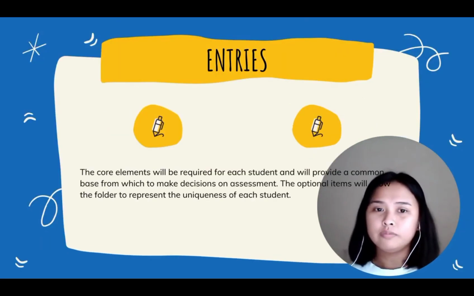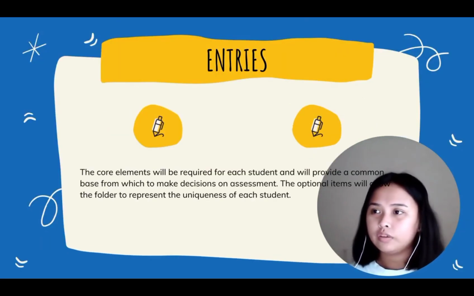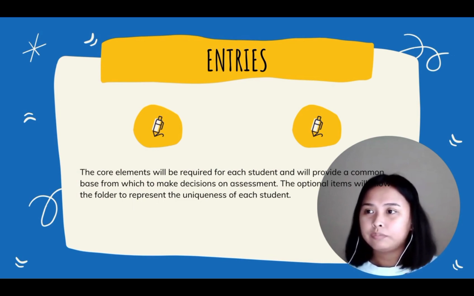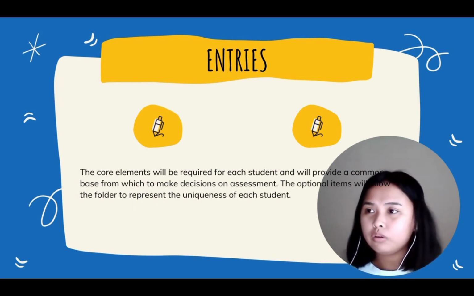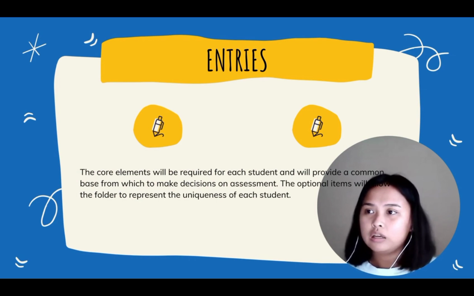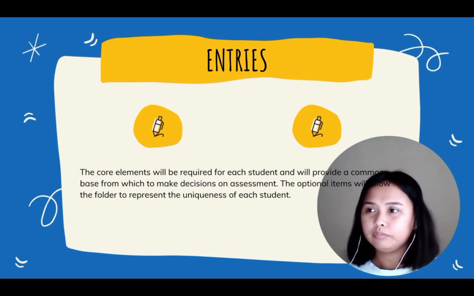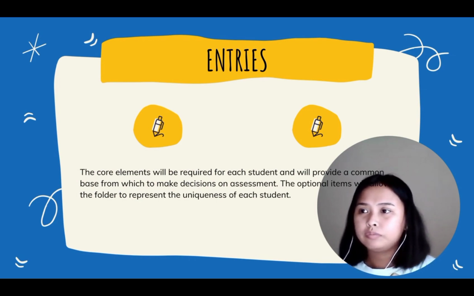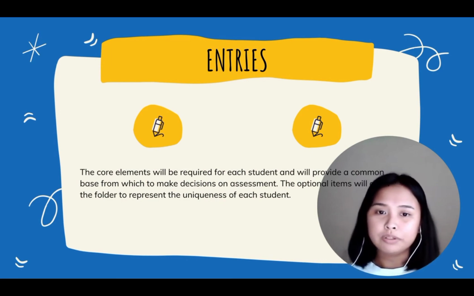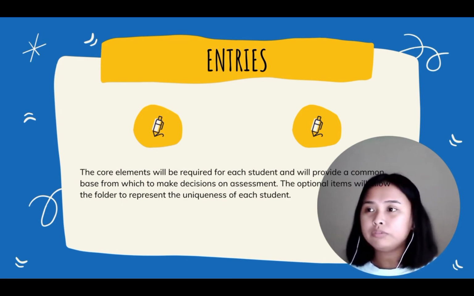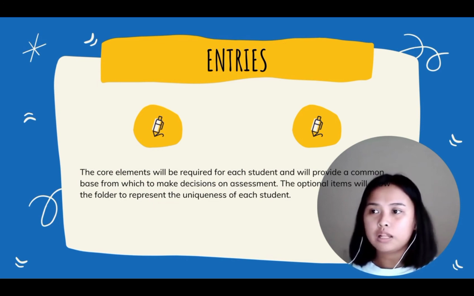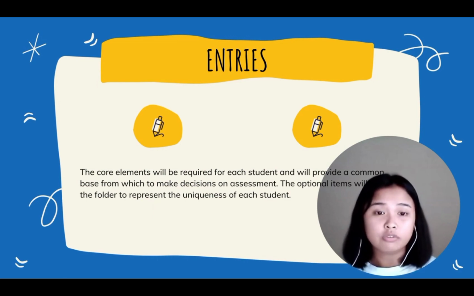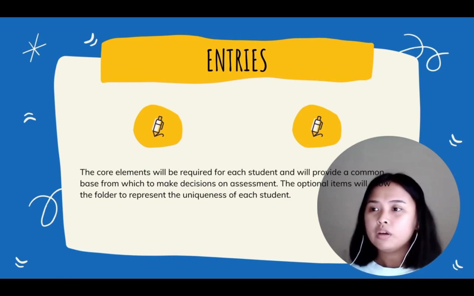Third one is the entries. It is both core and optional. The core elements will be required for each student and will provide a common base from which optional items will allow the folder to represent the uniqueness of each student.